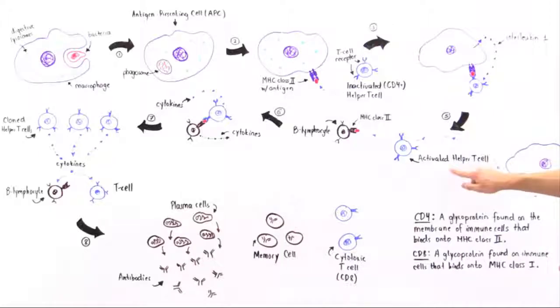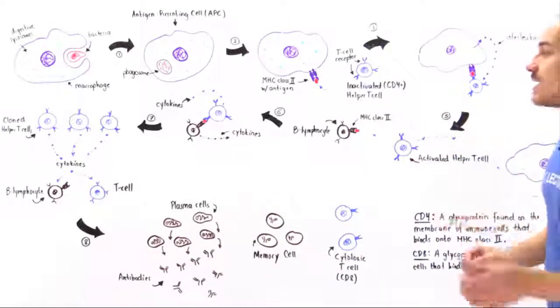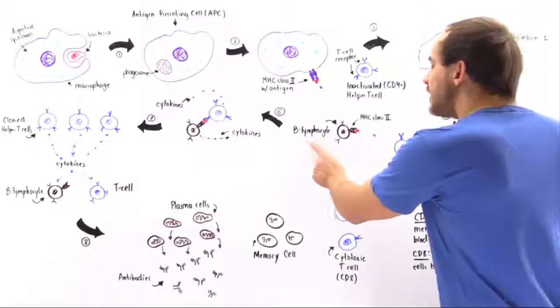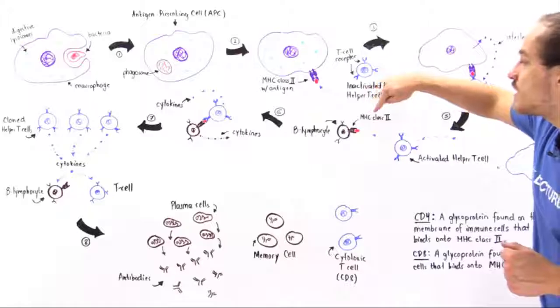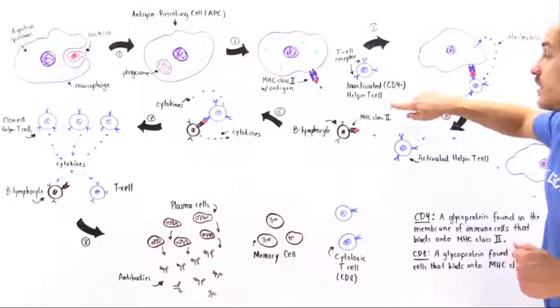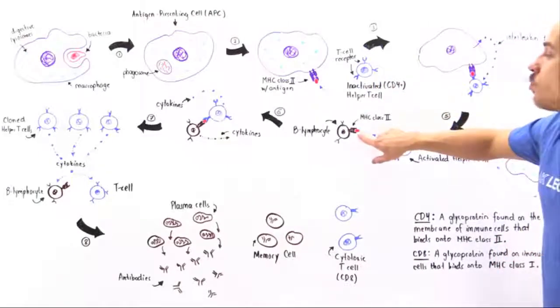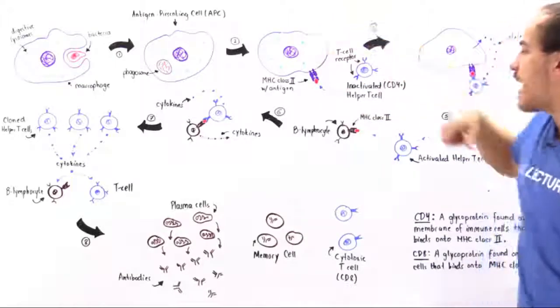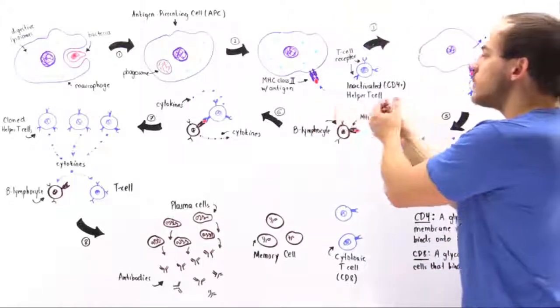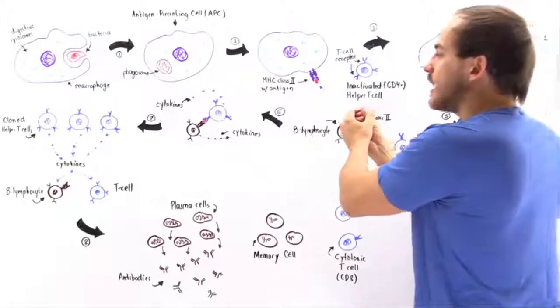So once we activate that helper T cell, it basically goes on and finds a B lymphocyte that contains the MHC class 2 complex, along with that same antigen that was found on this macrophage. And they also bind and form a complex.